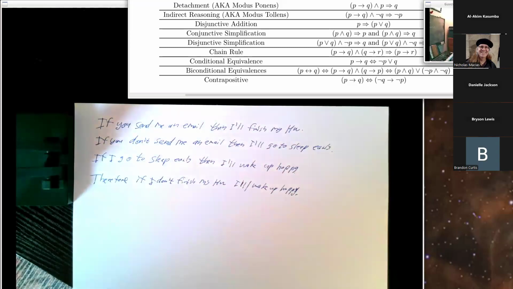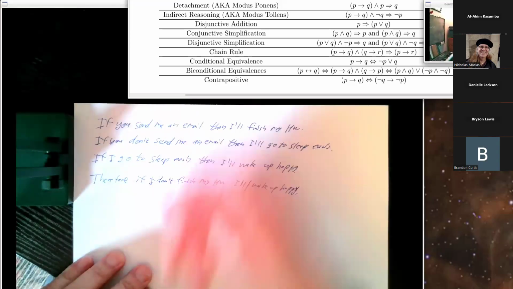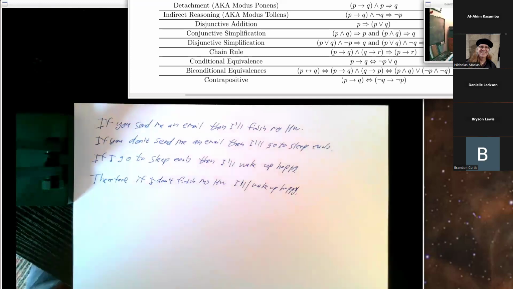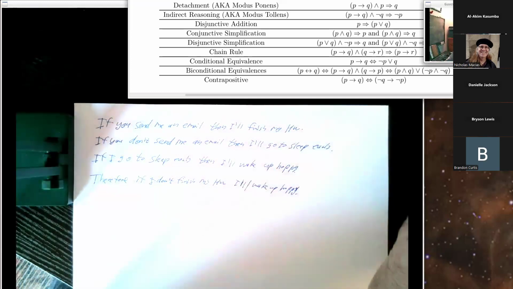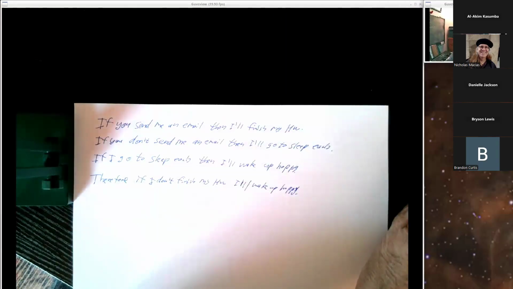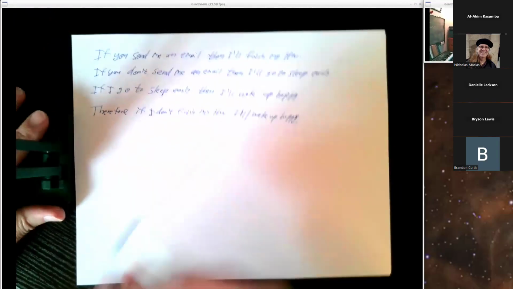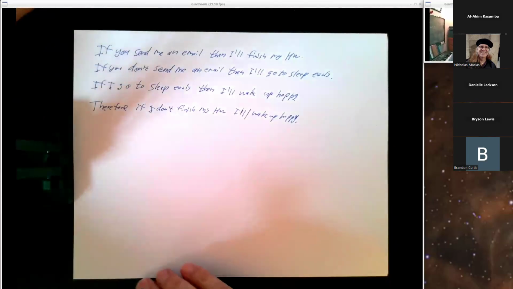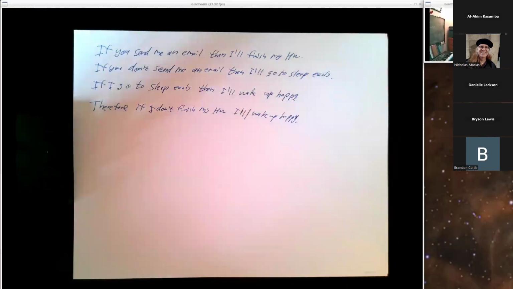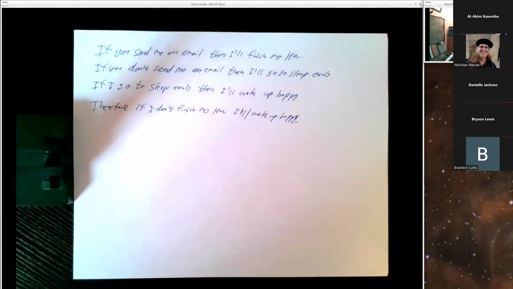And the question is, does this make logical sense? Let me move this out of the way for now. So we can't do anything with this in its current form. It's a word soup. So we want to change this into the language of propositional logic.